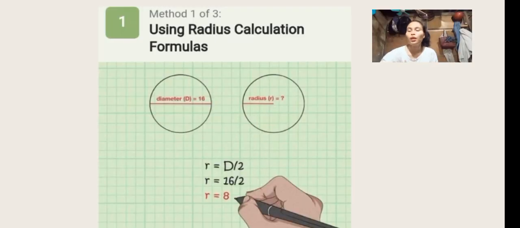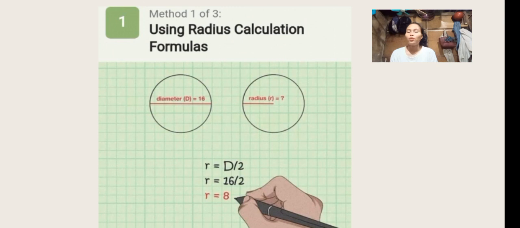Now the formula using radius calculation. We already have the value of the diameter, and since we have it, we need to find the value of the radius.